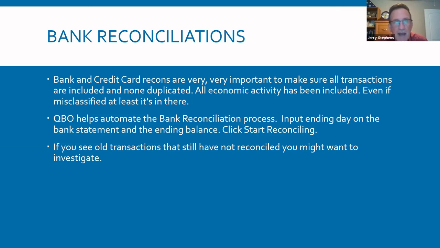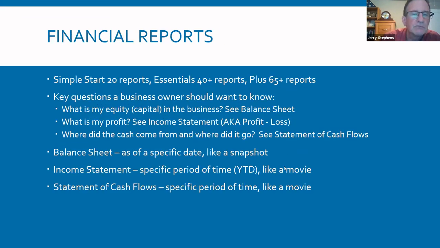QuickBooks will have its bank balance, and then you'll go down through and match up the items that are both in QuickBooks and on your bank statement. And once you've done all those, hopefully you're reconciled to a zero difference, which means you now know that all transactions have been accounted for. It'll also show you the items that haven't been matched off, which would be old transactions that you would want to investigate a bit further.